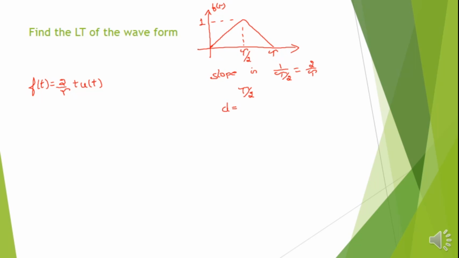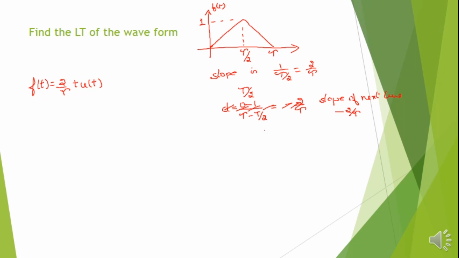So 0 minus 1 divided by tau minus tau by 2, which is equal to minus 2 by tau. Oh, sorry. The slope of the next line is minus 2 by tau.